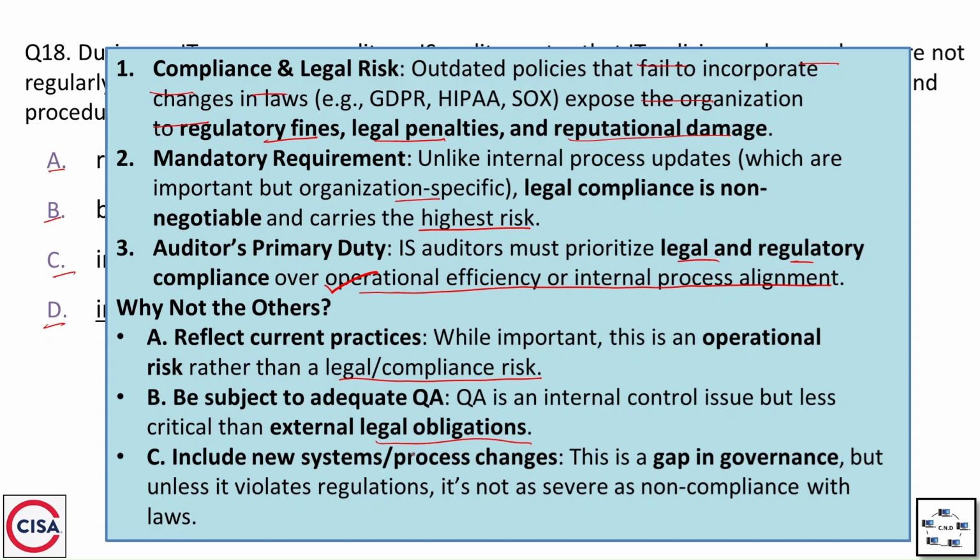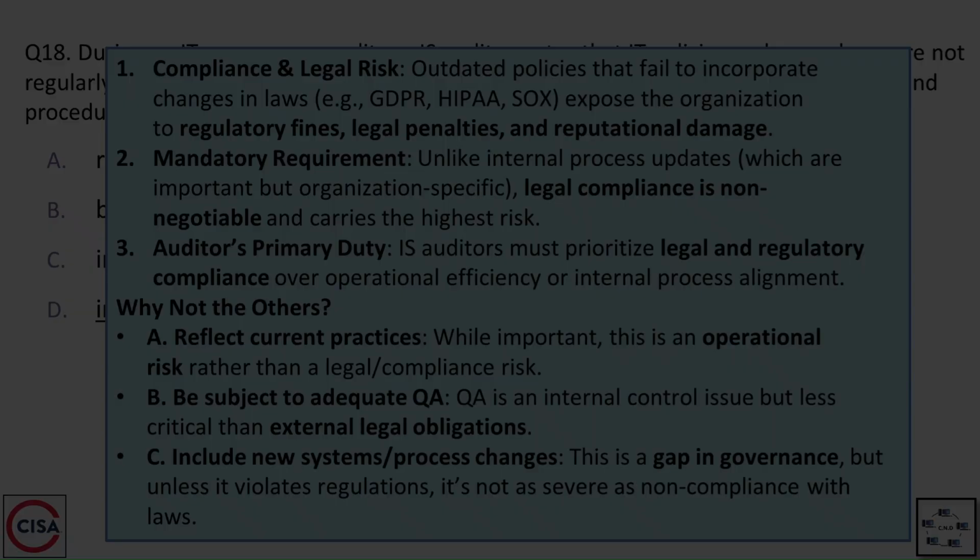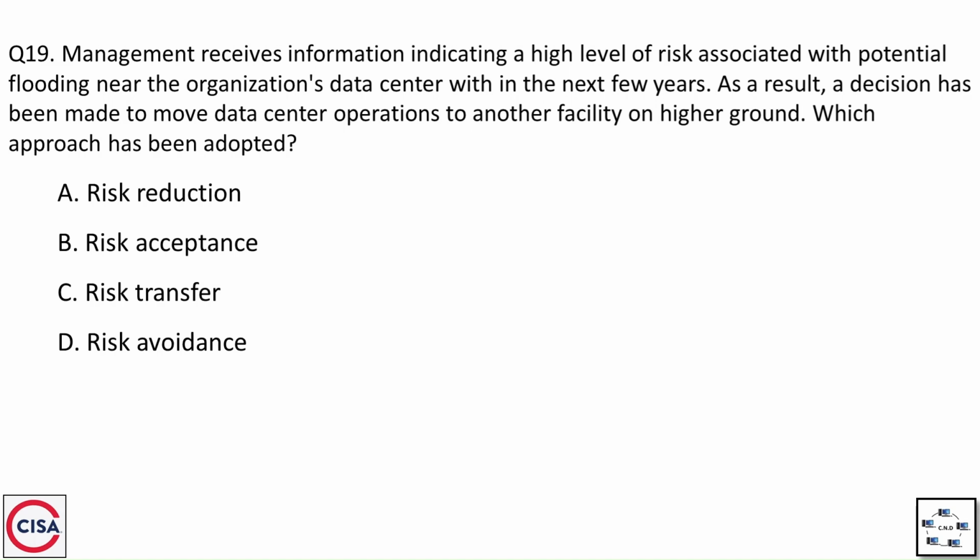And option C, include new systems and process changes. This is a gap in governance, but unless it violates regulation, it is not as severe as non-compliance with laws.